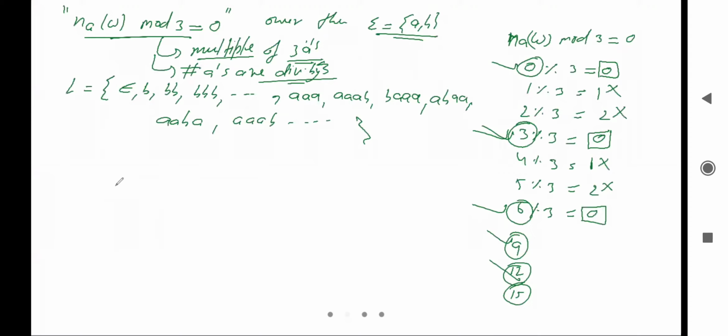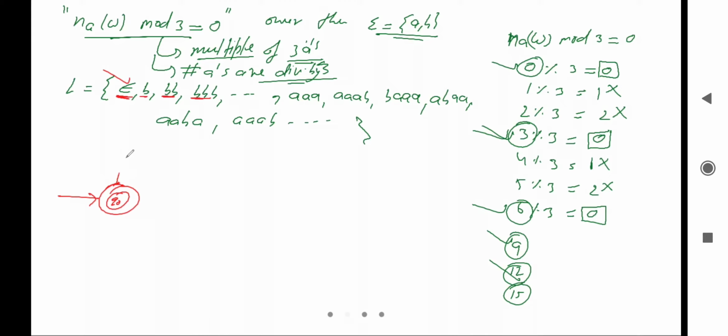Initially we are looking for the acceptance of null. So here is the initial state, and the initial state is also the final state; let me say it is q0, and it will accept null. After that, it can accept a single b, double b, triple b, and so on.